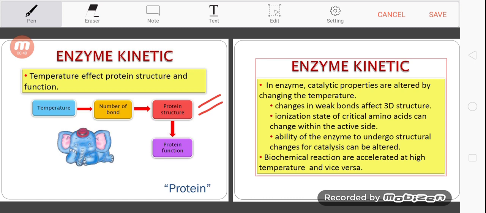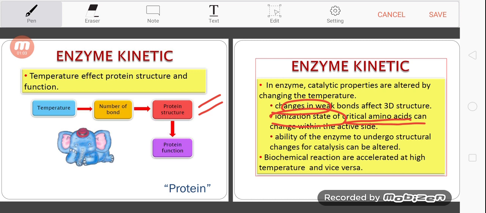But if it exceeds a high temperature, the protein can be denatured, right? So what happens during the denaturation of a protein or enzyme? A lot of bonds, weak bonds, and the ionization state of critical amino acids change. If you look back at amino acids, we have the R group of each amino acid.